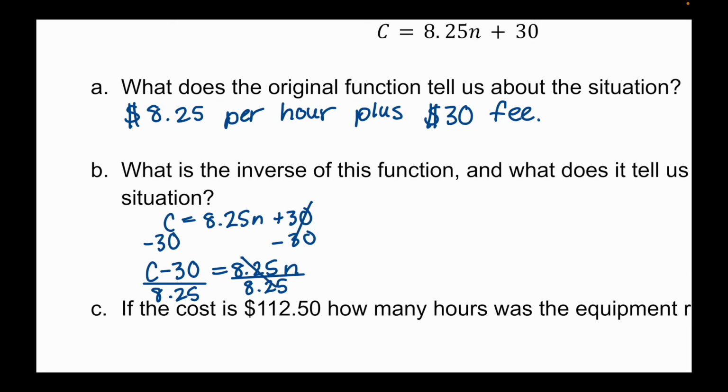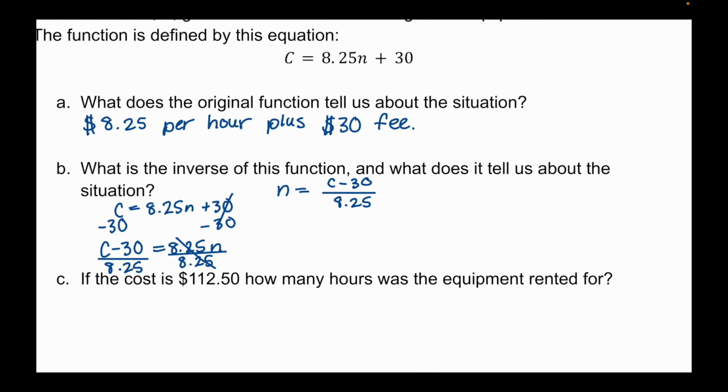So what happens then is that on this side, it'll cancel out, and we'll be left with n equals c minus 30 divided by 8.25. So this is my inverse, so I'll put a little box around that.